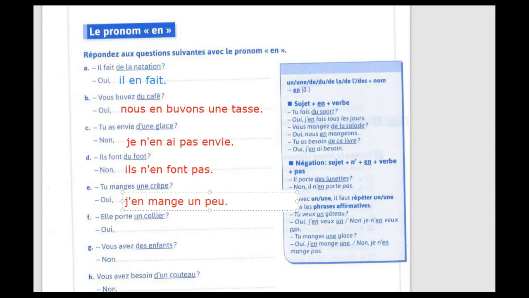This is also fine. Or you say, oh no, I eat two of them. J'en mange deux. That depends on the situation, what you are doing. Because it is mostly a spoken thing, anything can be the answer. But I'm just trying to explain. This is how you have to use these pronouns.